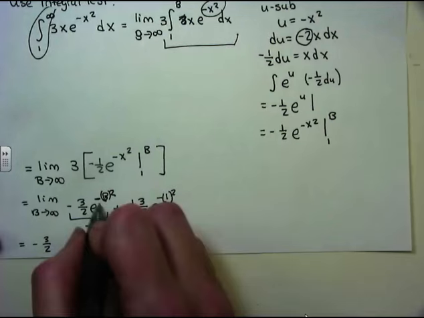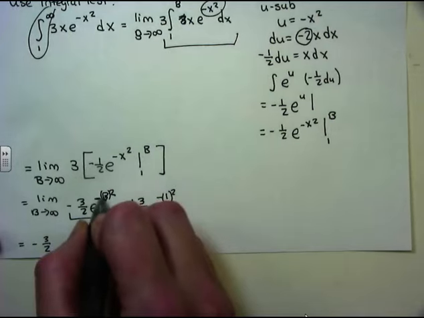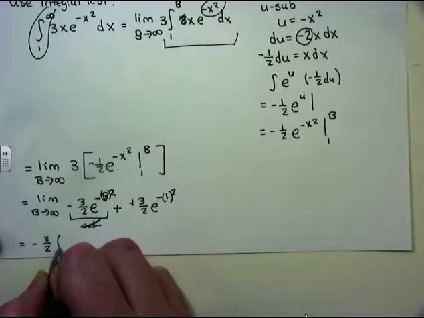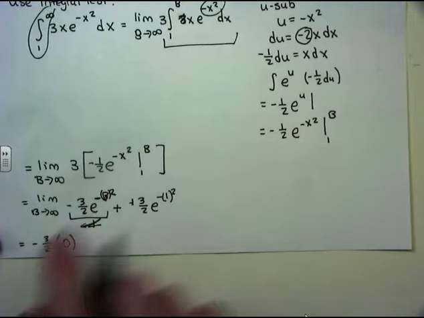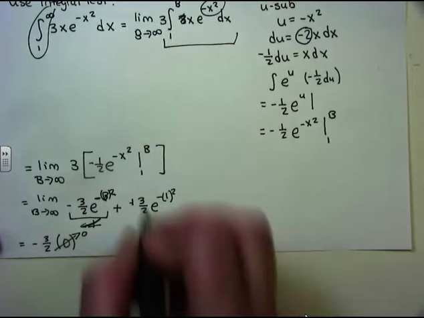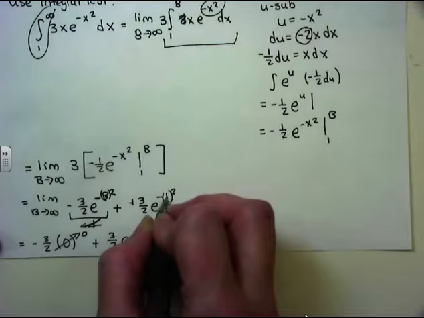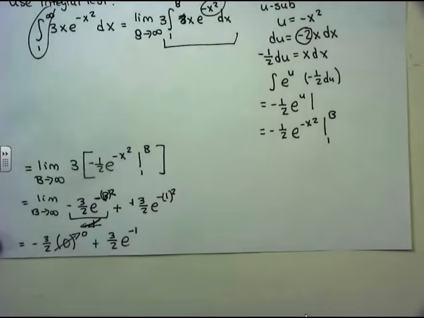What's happening as you head out towards negative infinity? Well, you'll notice that function is approaching 0. So the limit of this piece is just 0. Notice I still have this 3/2 e to the negative 1 squared, which is just 1 over e.